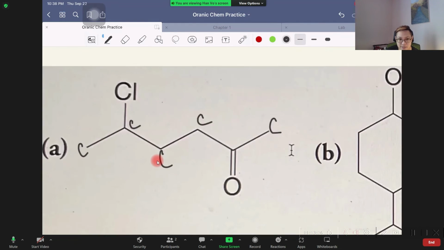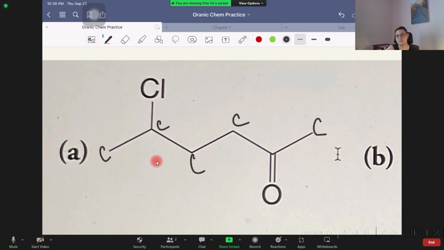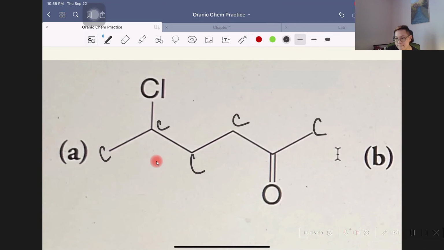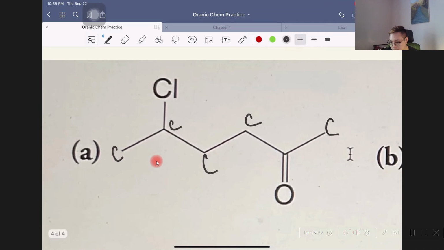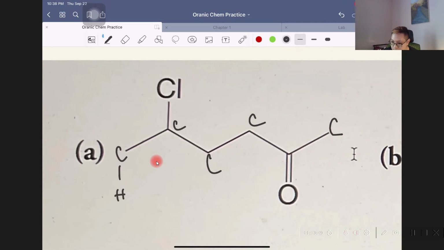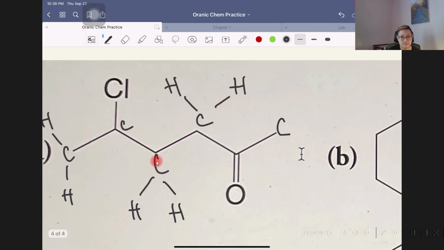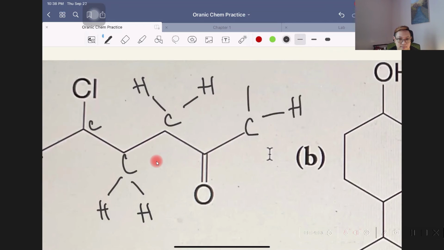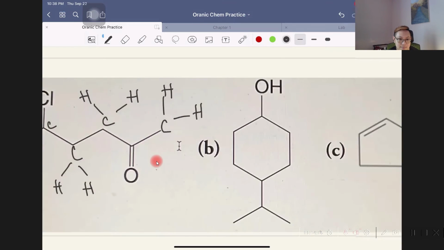And also you have to write a connection between the C and the H. So it will have C, H, H, this C, this H, H, H, H, H, H, H, right?